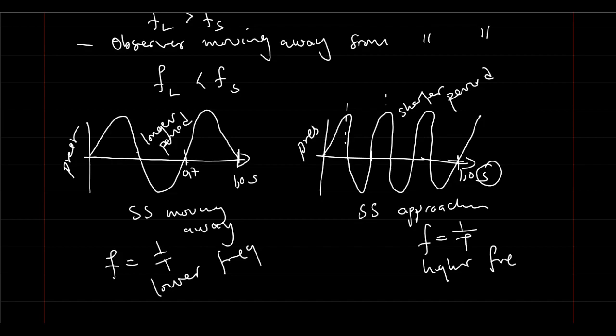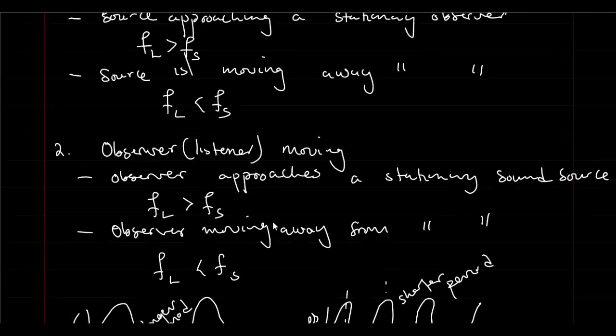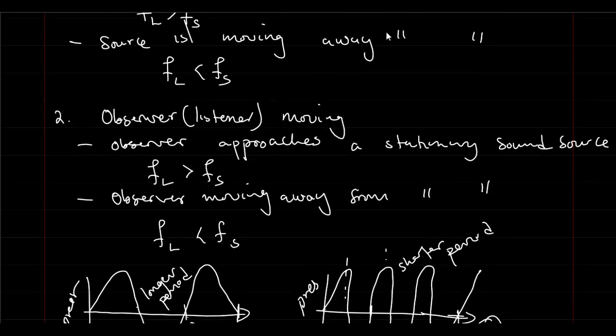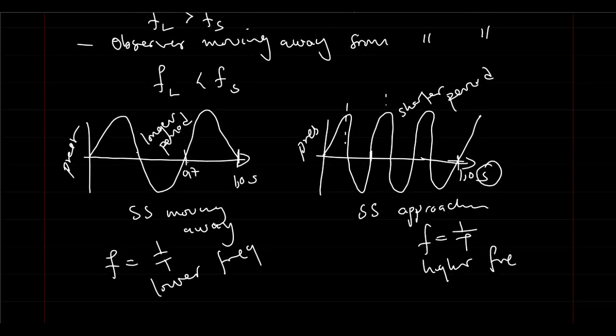Okay, so now let me give you a summary on the Doppler effect formula and how you're going to use it, because we can see this plus or minus. How are we going to use that? So let's try and see how this is going to work.